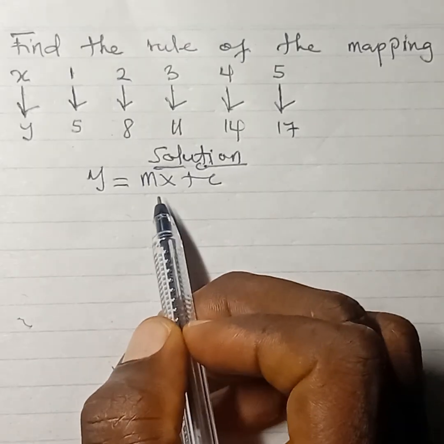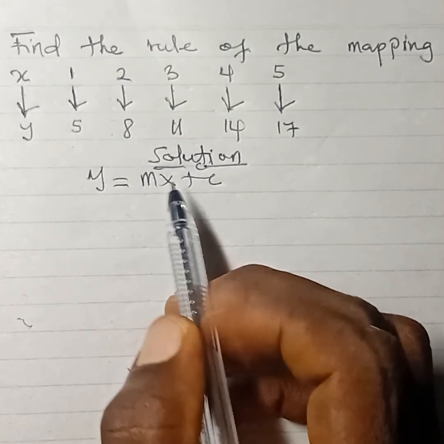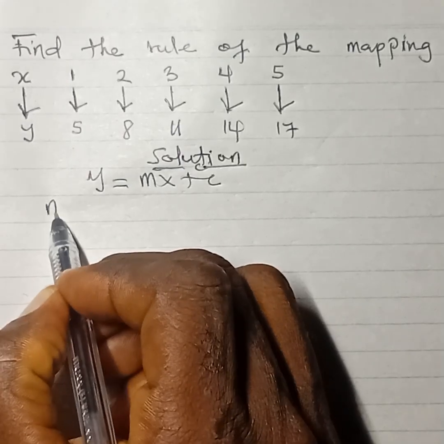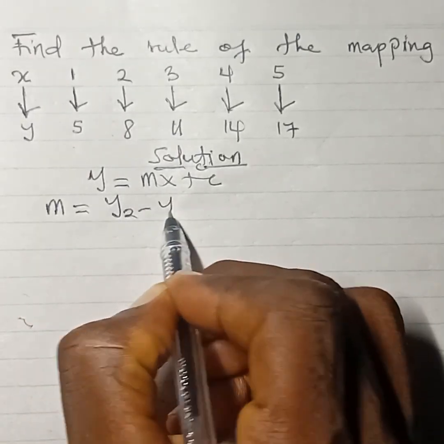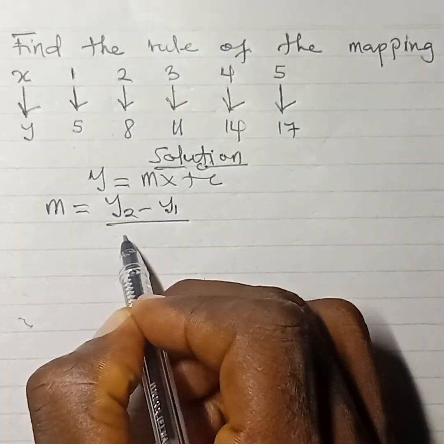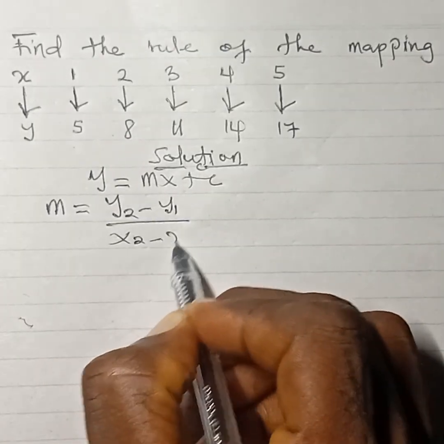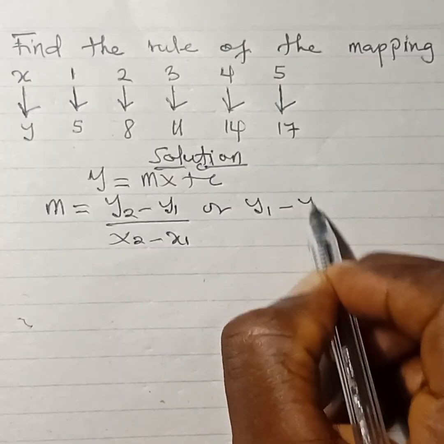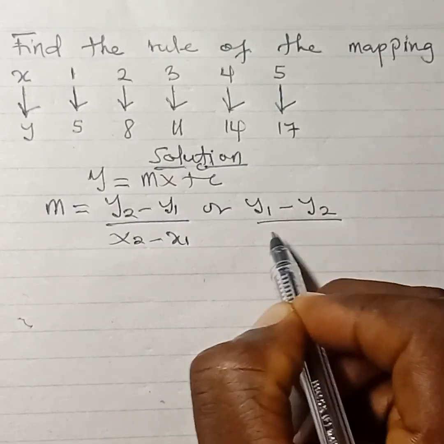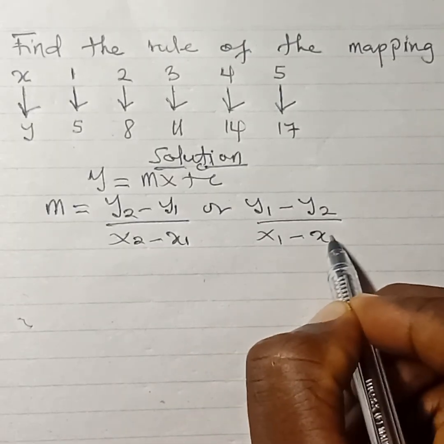Now we are going to find the m first. The m, which is the slope, is equal to either y2 minus y1 all over x2 minus x1, or y1 minus y2 all over x1 minus x2.